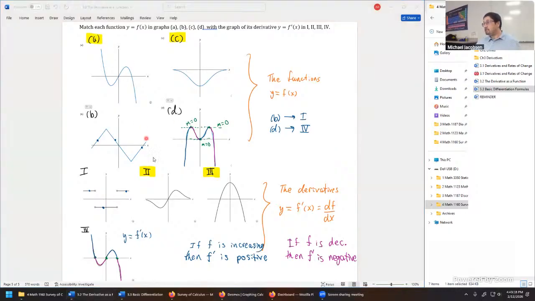A and 2. Let's see. I don't think A and 2 go together, actually.